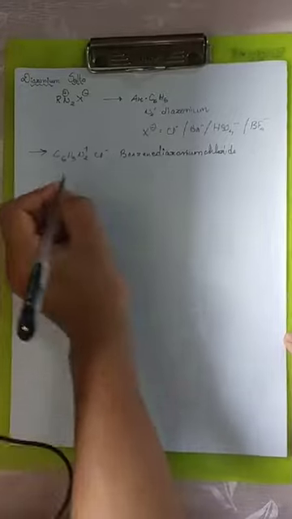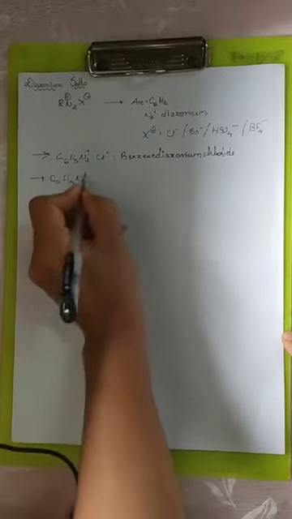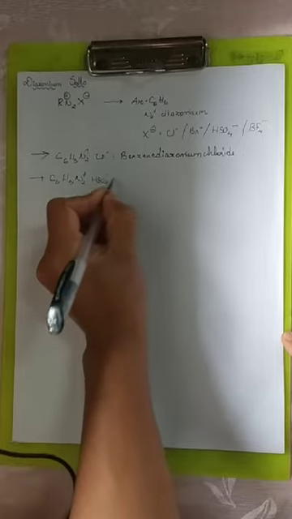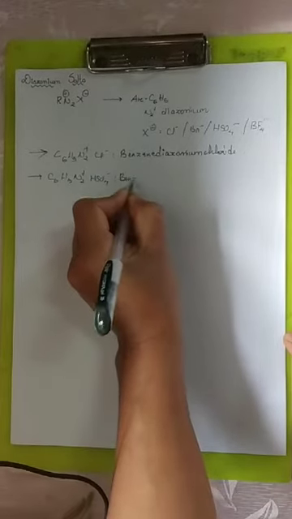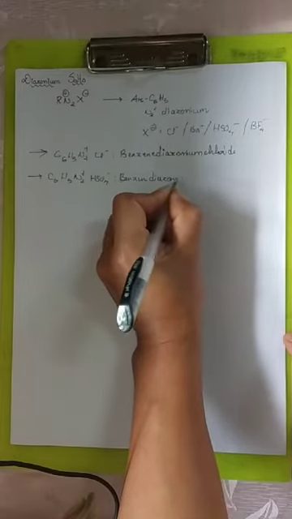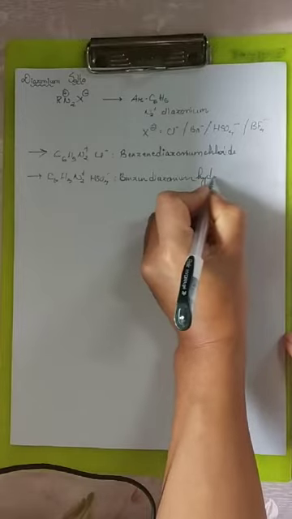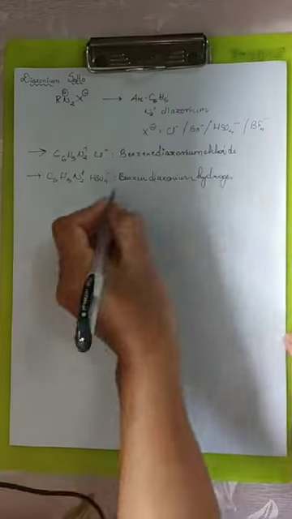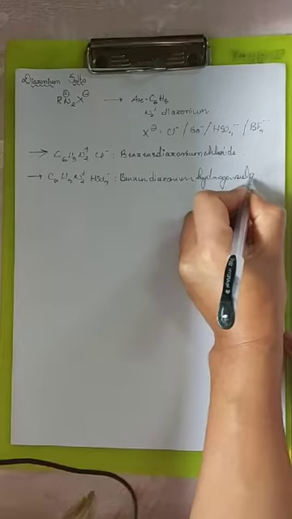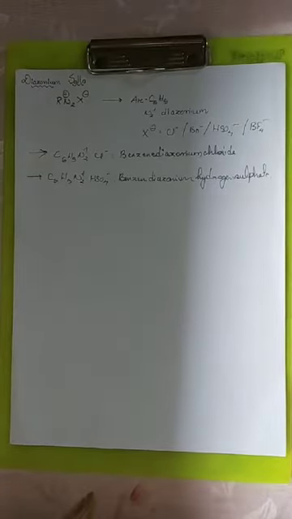Another example, C6H5N2 plus HSO4 minus, will be named benzene diazonium hydrogen sulfate. HSO4 minus is known as hydrogen sulfate. So this is the nomenclature of the diazonium salts.